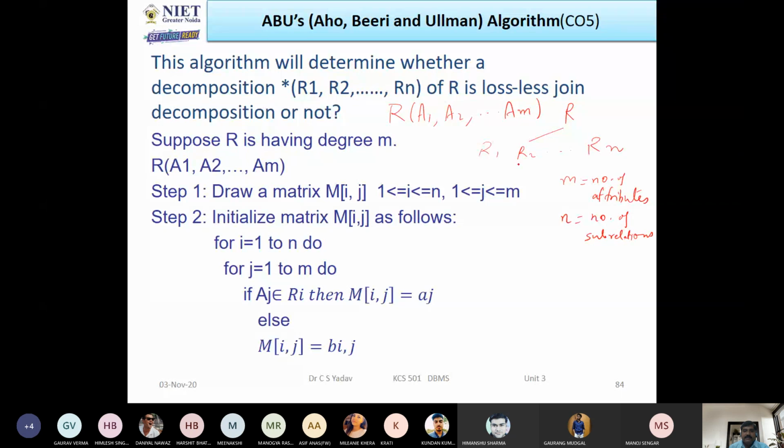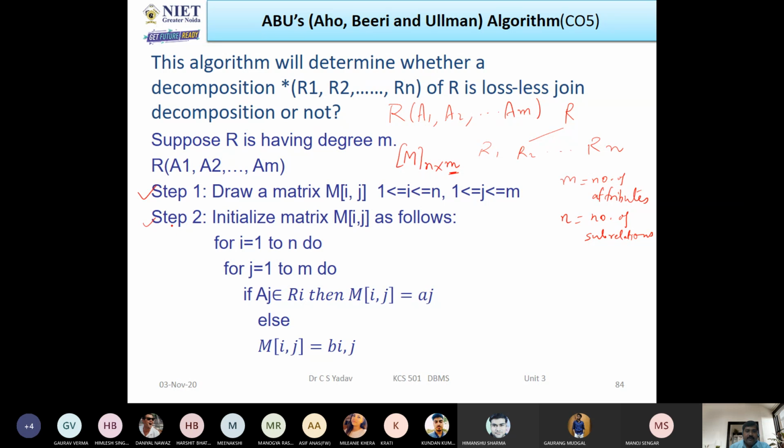We will draw a two-dimensional matrix of n cross m. So the first step in this algorithm is to draw a two-dimensional matrix, with n rows equal to the number of subrelations and columns equal to the number of attributes in R.